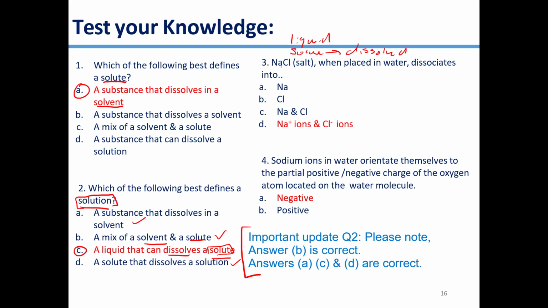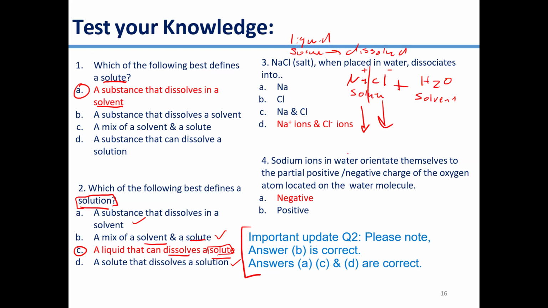When it comes to number 3, NaCl salt placed in water dissociates into, so remember we have NaCl, which is going to be our solute, and then we're adding that with H2O, which is going to be our solvent. And remember, we have that dissociation, so these two are going to separate out, go their own separate ways. And then we have our Na, which is going to be a positive.